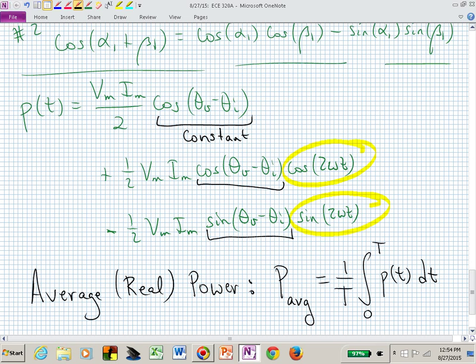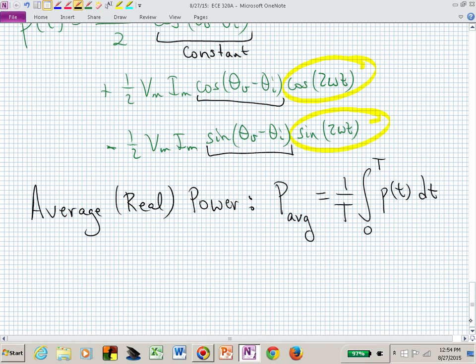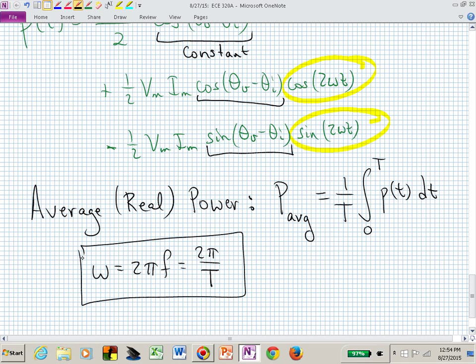Where T is related to omega, this is something you probably want to remember until you retire also. And maybe you'll hit it big and you can retire in 4 years. Maybe you can retire in 5, so you don't have to remember it that long. But omega is 2 pi f, or 2 pi over capital T.